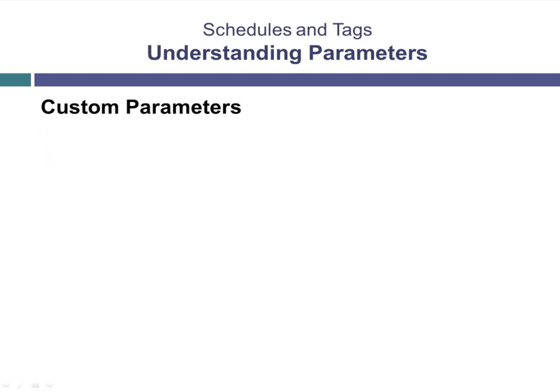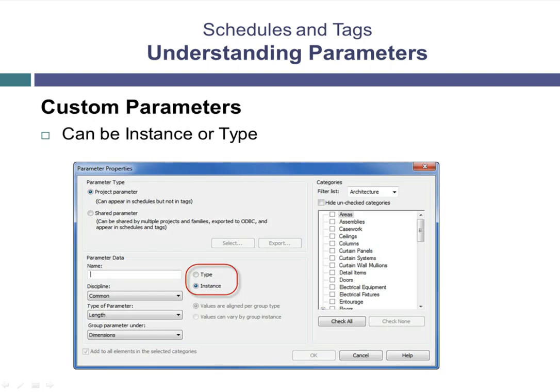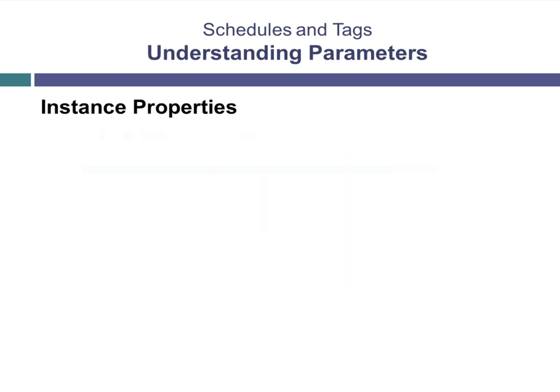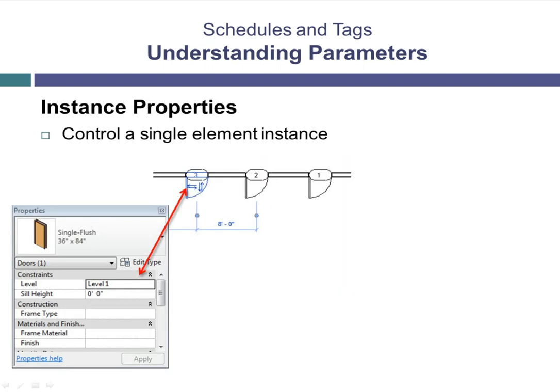As discussed before, you create custom parameters to be used as properties inside of Revit. When creating a custom parameter, you can specify whether that parameter will be an instance or type property. Instance properties are controlled on an instance basis.